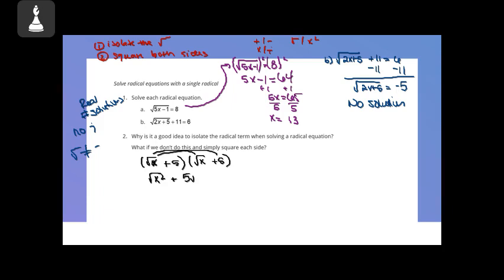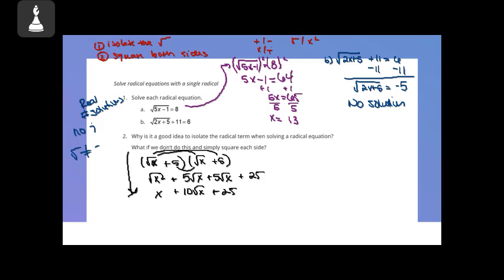I can simplify square root of x squared and get x. I can combine these two together, 10 root x plus 25. But I didn't get rid of all the square roots. I, in fact, made more work for myself, and I still have square roots. So if you do not isolate the square root first, you don't get rid of all your radicals.